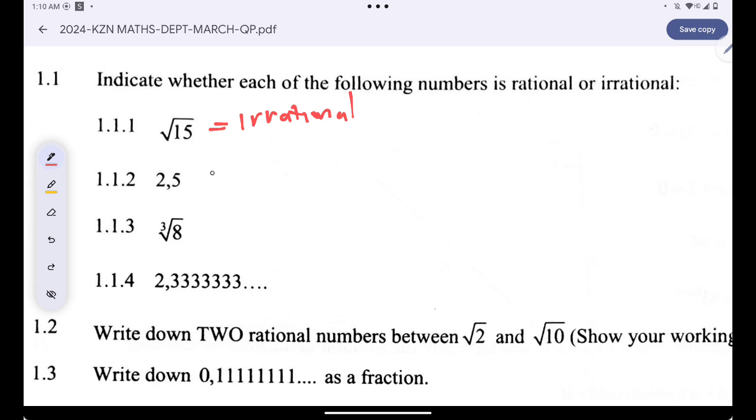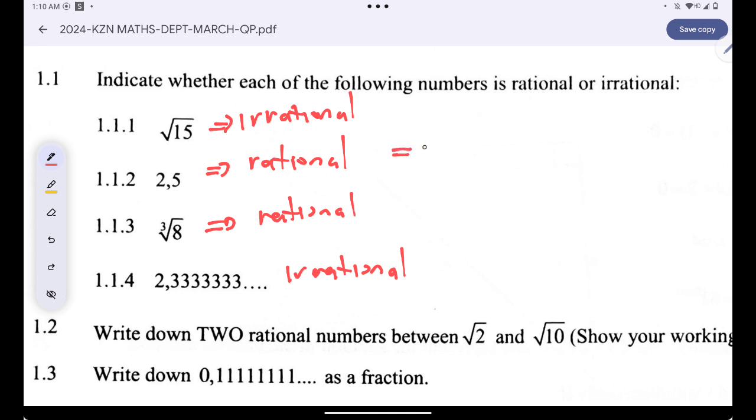And then this one is rational. This one is rational. This one is also rational. This one is irrational as well. It has a long decimal.